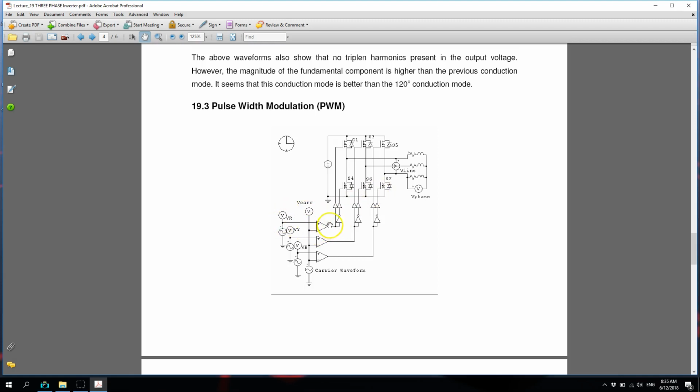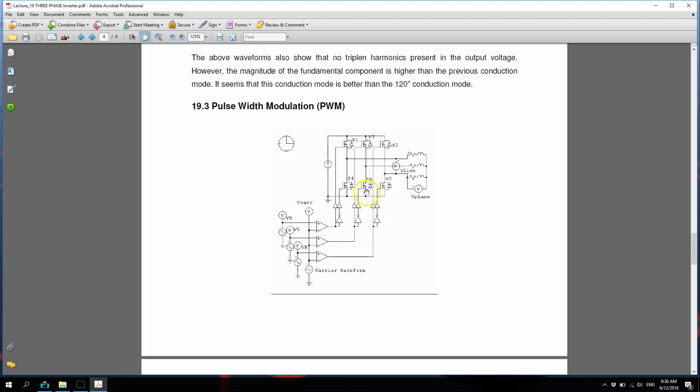So let's focus on the first S1 and S4 signals. The output of that comparator will be connected to S1, and the inverted version of that signal will be fed to S4. The same applies to the first leg, second leg, and third leg of the device. So they work anti-phase. Whenever S1 is on, S4 will definitely be off.